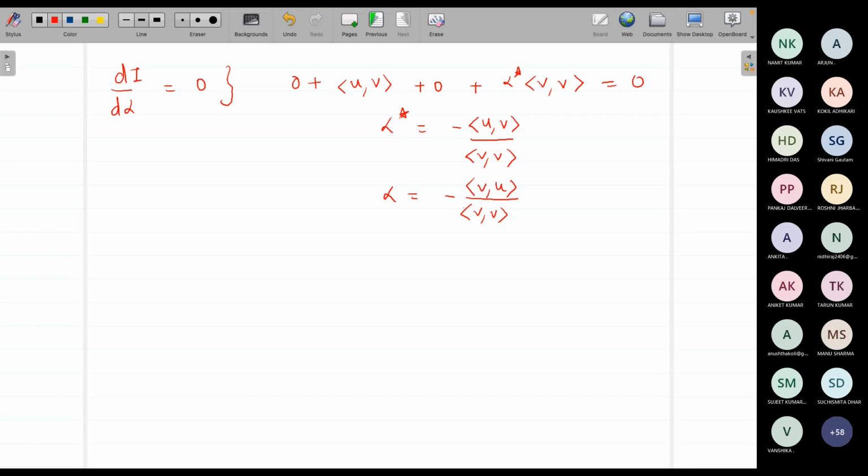Let's put these back in our original equation. So this term remains the same.